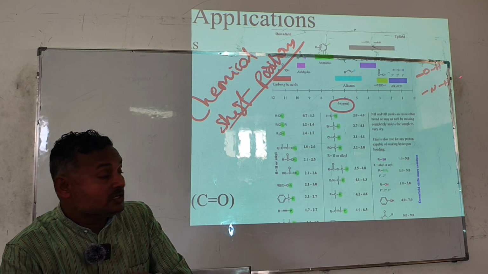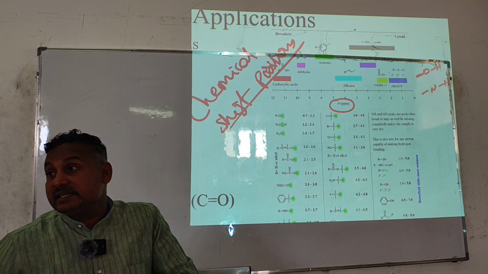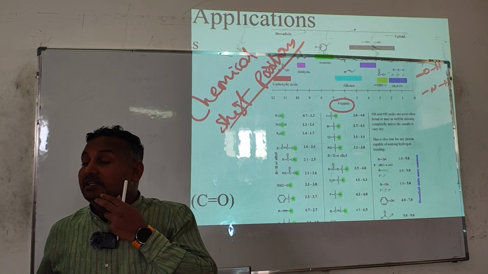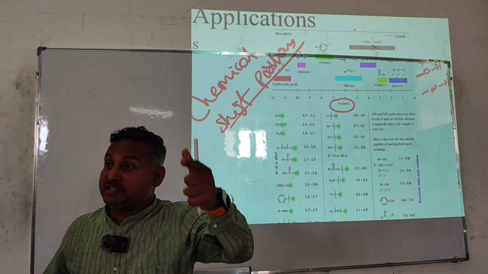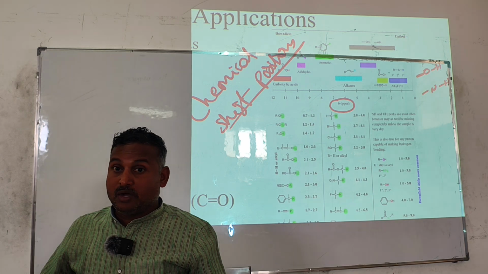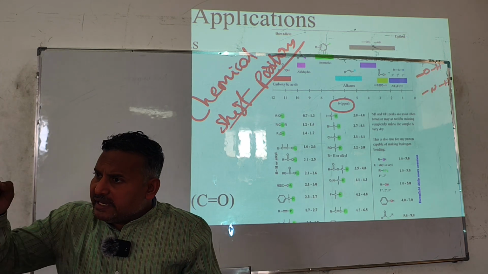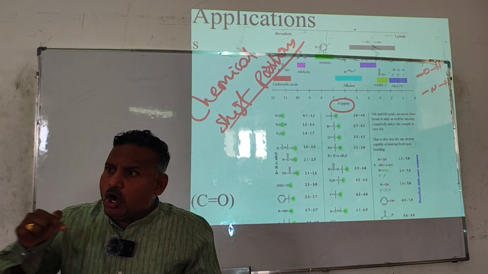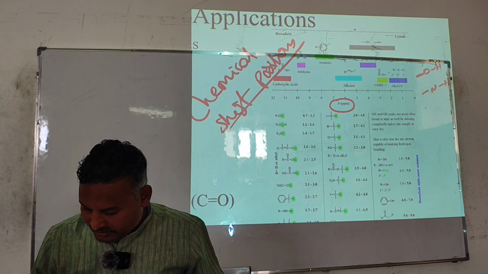This is also a proton, but this is an OH proton and this is an NH proton. The behavior of different types of protons is different according to NMR. Whether the proton is attached to C, O, or N matters.